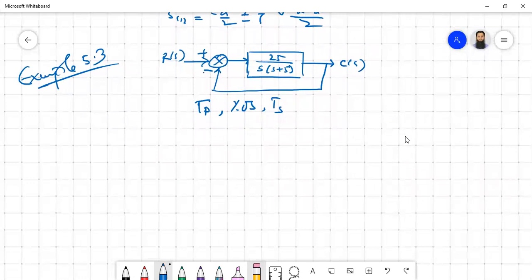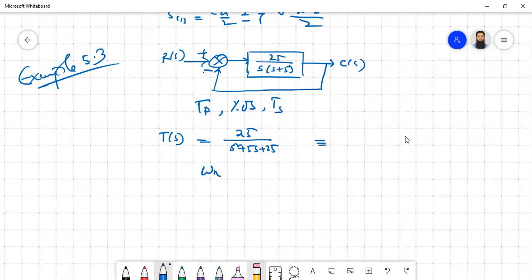First things first, we have to find the closed loop transfer function, T(s). We already know how to calculate it. So basically 25 by s square plus 5s plus 25. Now compare this with omega n square by s square plus twice zeta omega n s plus omega n square.